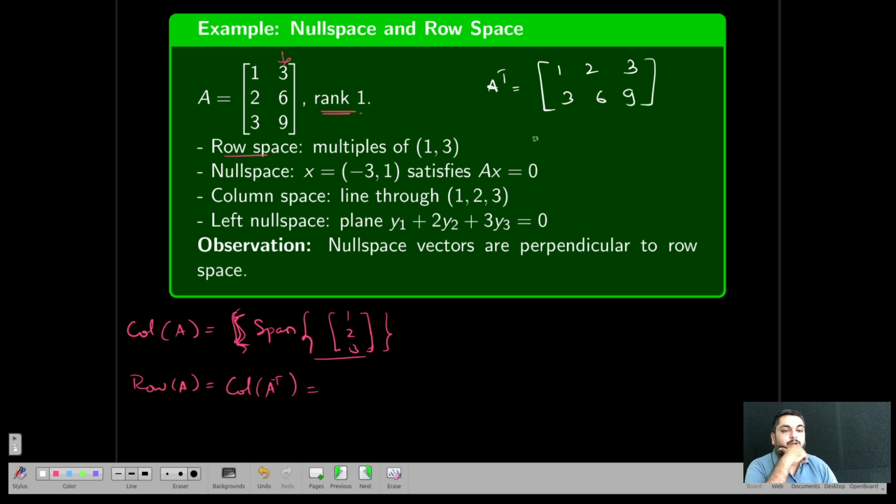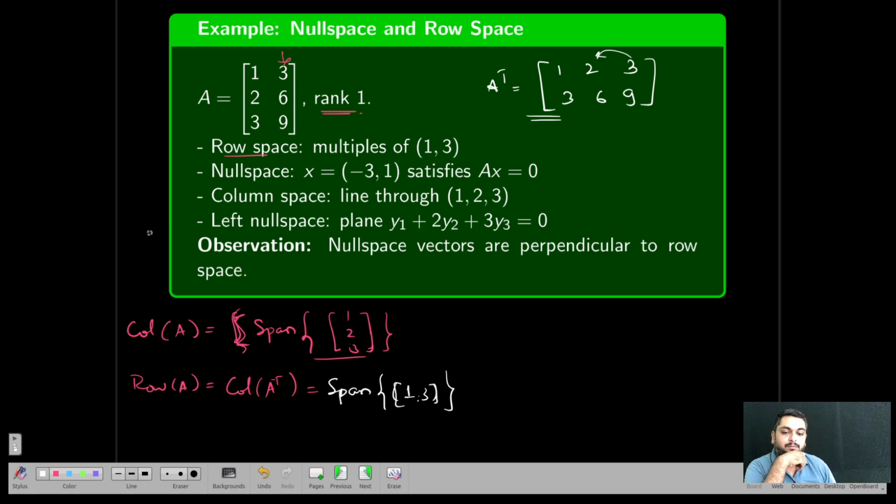Now, what is the column space of this? These two columns are dependent, so I can remove them. So the column space is the span of 1, 3.